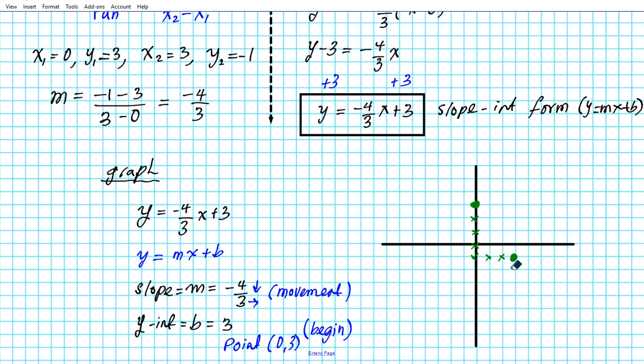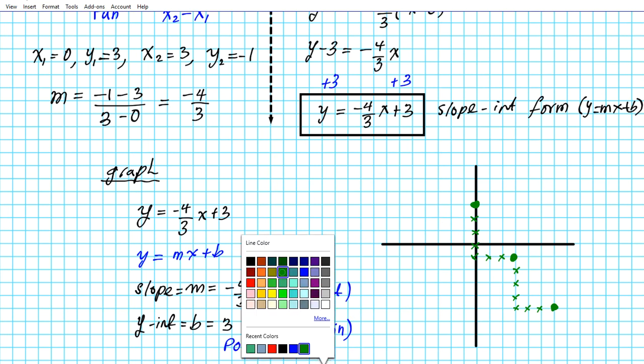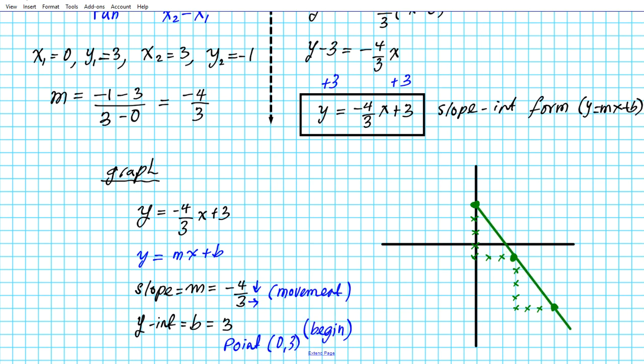You can do it again. Fall 1, 2, 3, 4, and run 1, 2, 3. So these points are the collinear points that give us the graph of the equation of the line we just generated. So let's go ahead and draw the line. There goes your line right there.